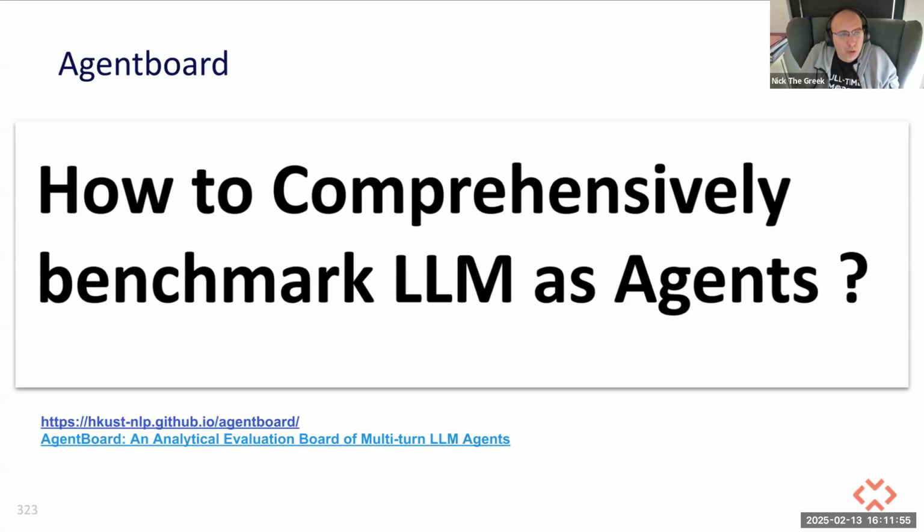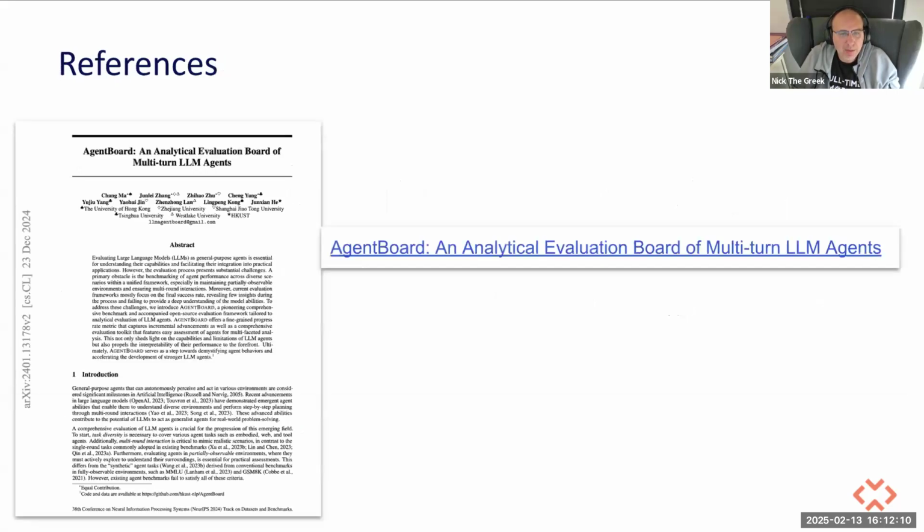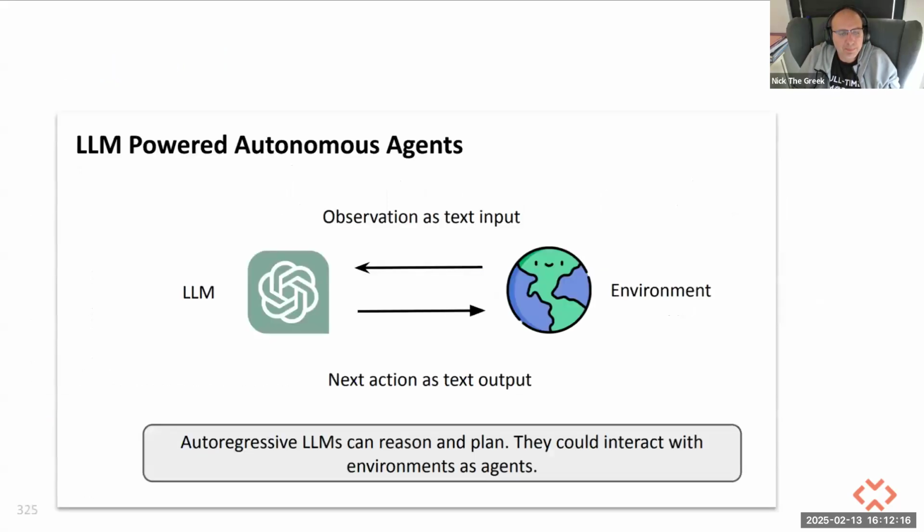Then another tool that modern language model scientists have is a way of benchmarking agents. We know most of the applications are based on agents. And surprisingly, not surprisingly, it's not an easy task.